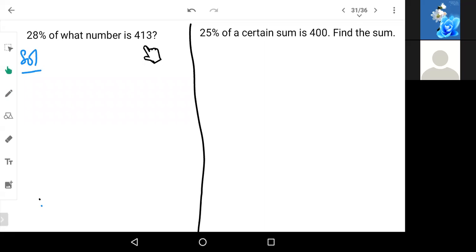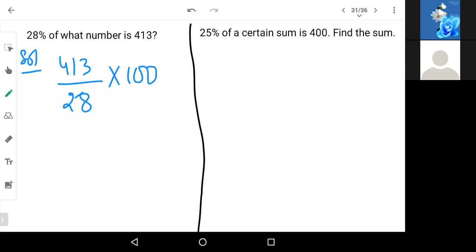What is the main number? We do not know what the main number is. So let us find out the main number. Now here, take the part number 413, divide that by the percentage number, that is 28, multiply it with 100.